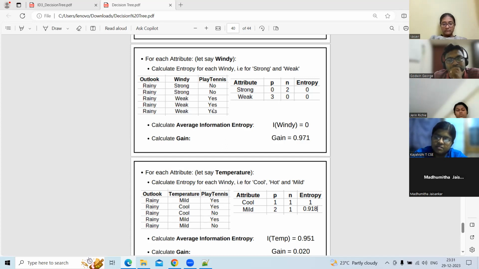If you look at all those leaves here, they're all pure classifications. In a sense, if you take a leaf, you'll find all instances are yes, or all instances are no. And if for some reason you don't see that, it'll again go down till it comes to a point where it sees pure classifications.